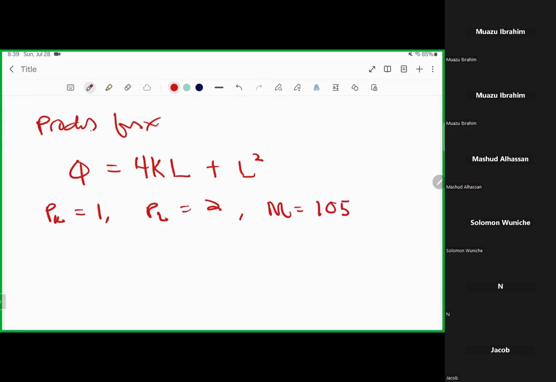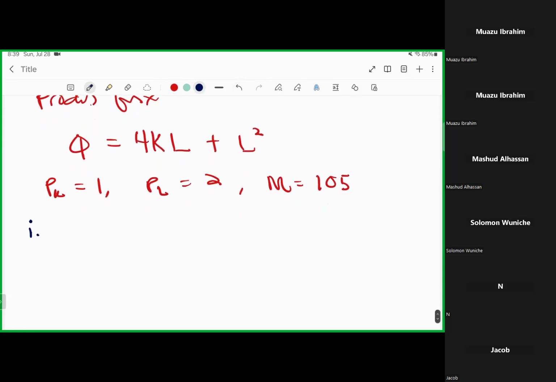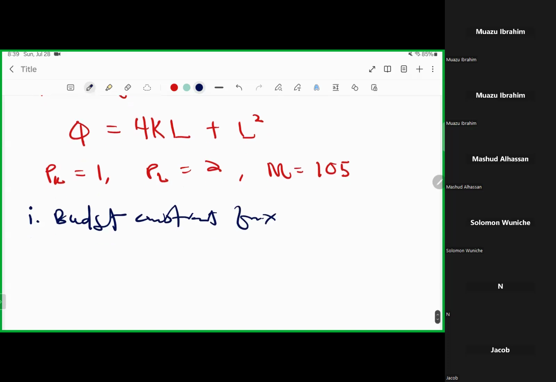So here the first question is A, or Roman number one. Set up Overby's budget constraint function. What is Overby's budget constraint function? And we know the budget constraint function is M is equal to price of capital times capital plus price of labor times labor.